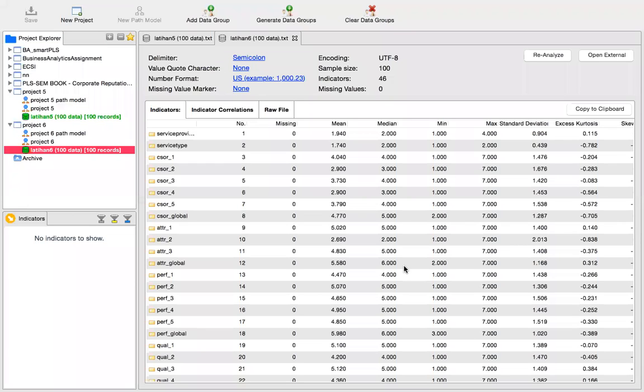And this is for project number 6, exercise number 6. I already input the data, so next we're going to create the path model.